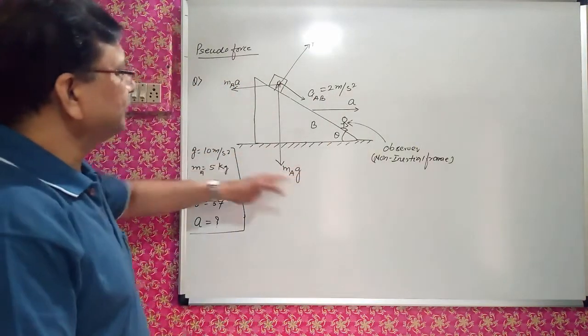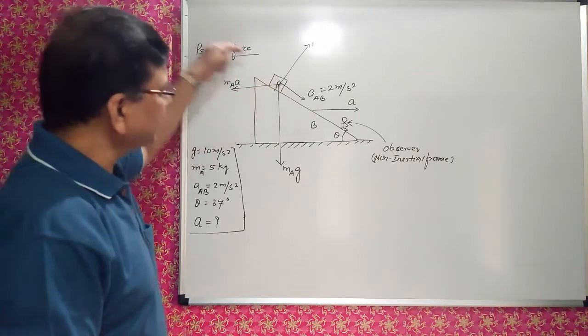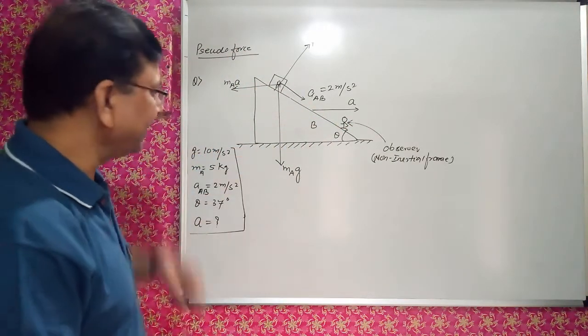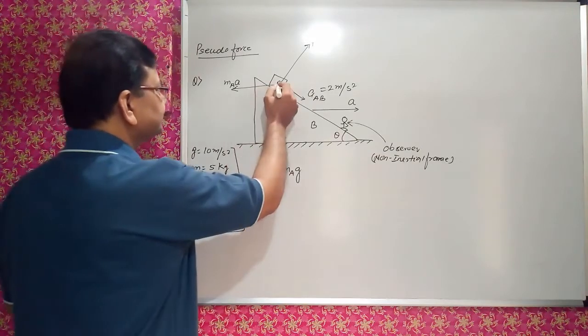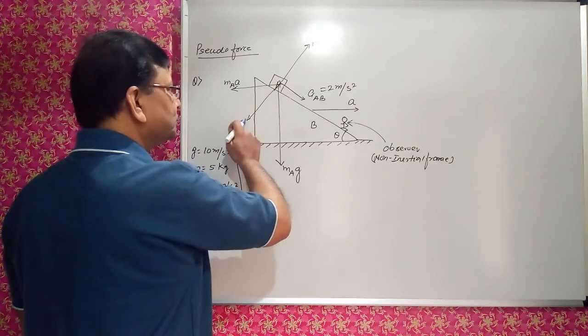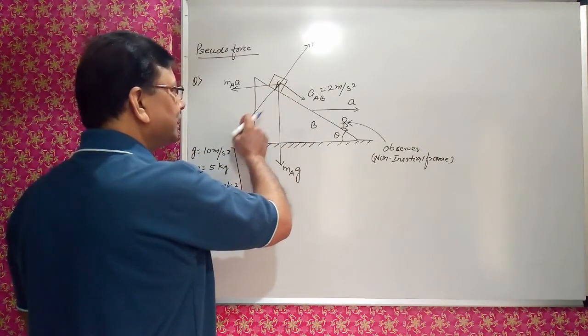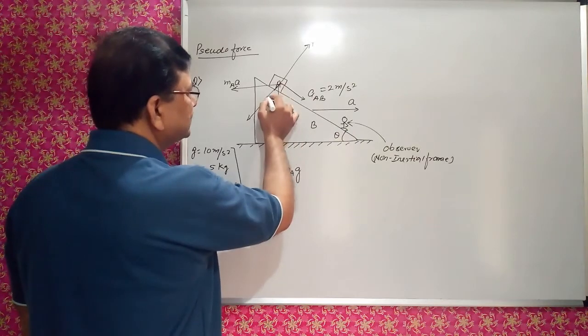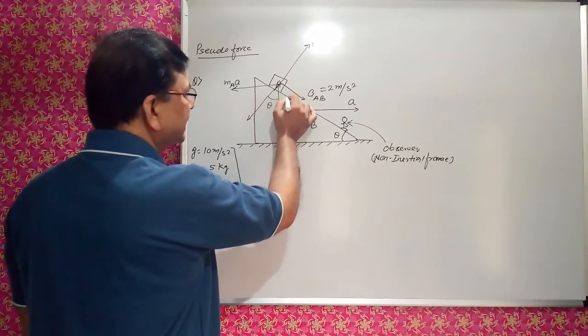Now see, these three forces are there. So the net force acting along the incline will cause this acceleration. So we'll find the net force. See, this is the normal in the opposite direction; it will give this normal on the wedge. This is theta, so this will also be theta. This is 90 minus theta.